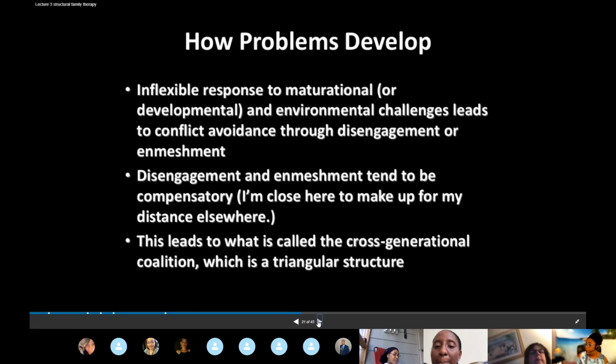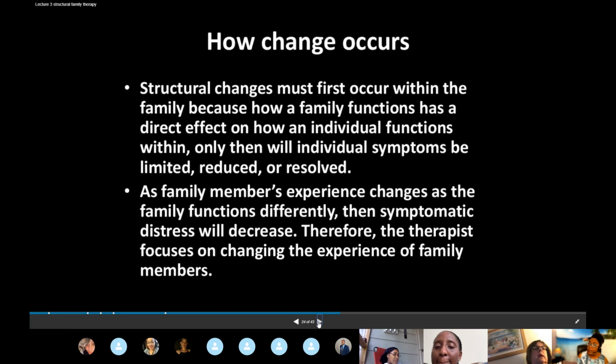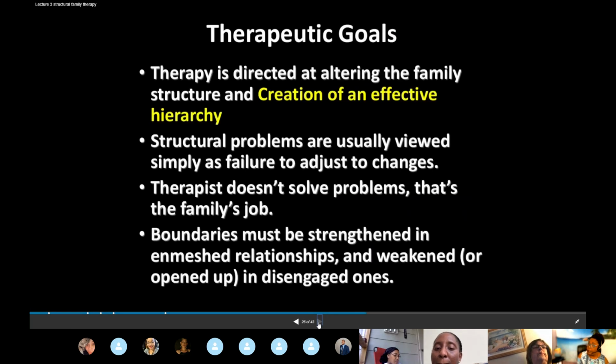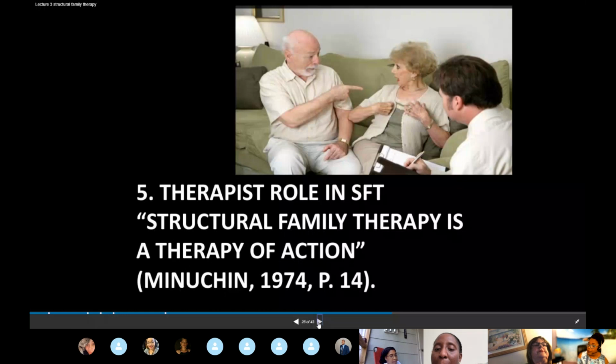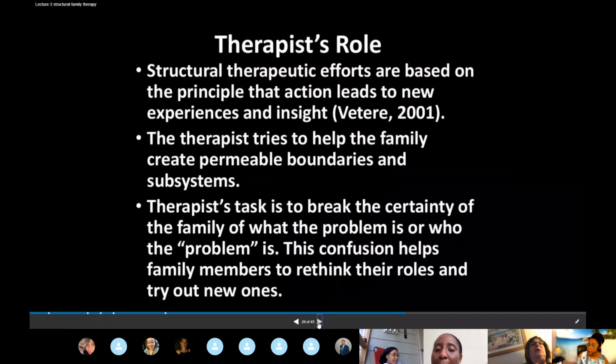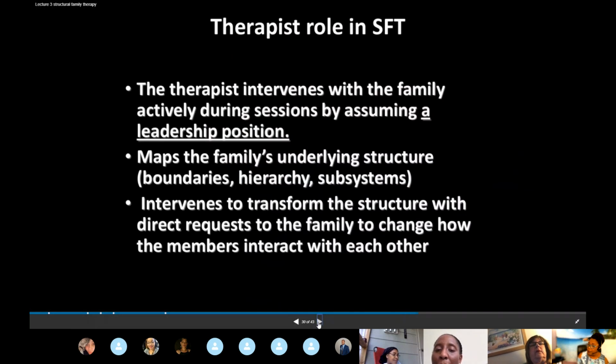Okay. How about when you have a teenager who pits one parent against the other? She's just smart. Okay.